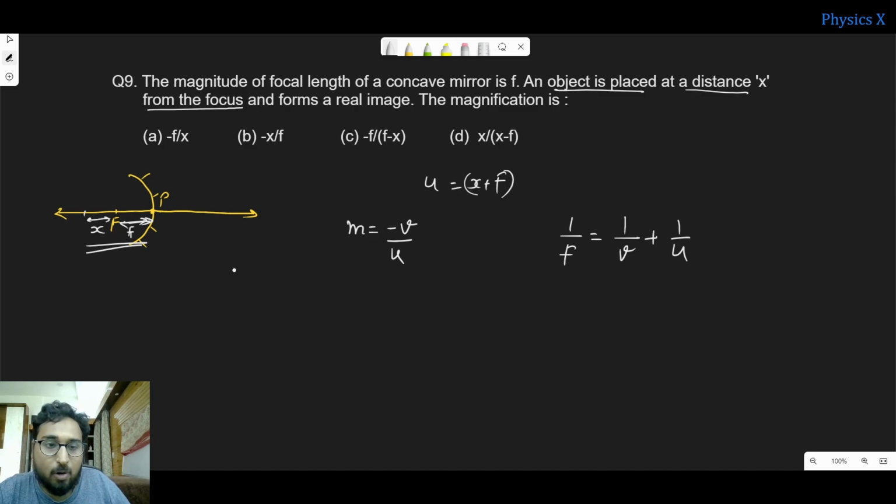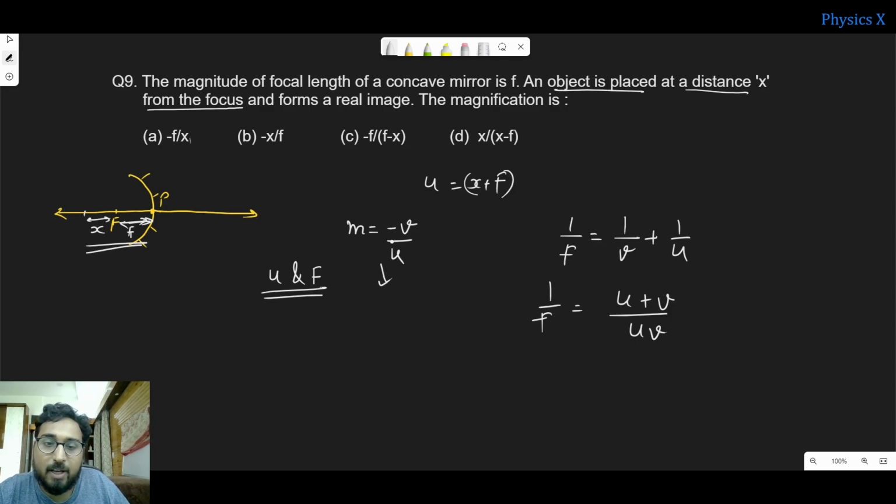We want to find a relation between u and f, because these are the options. x is a part of the object distance only, so we will find the relation between u and f. We can write 1 by f is equal to u plus v by uv.